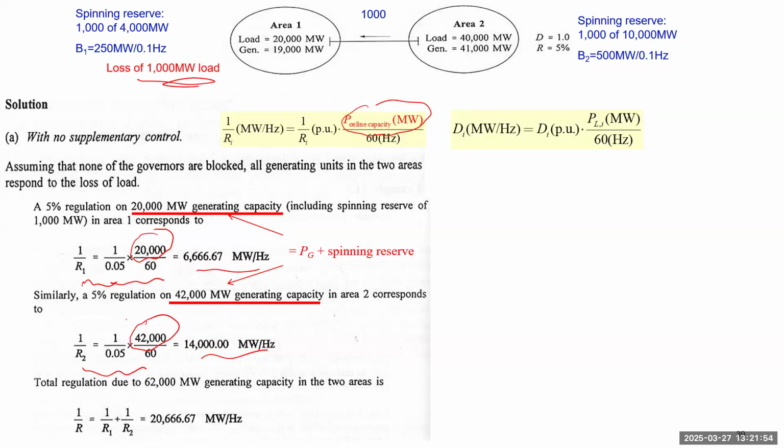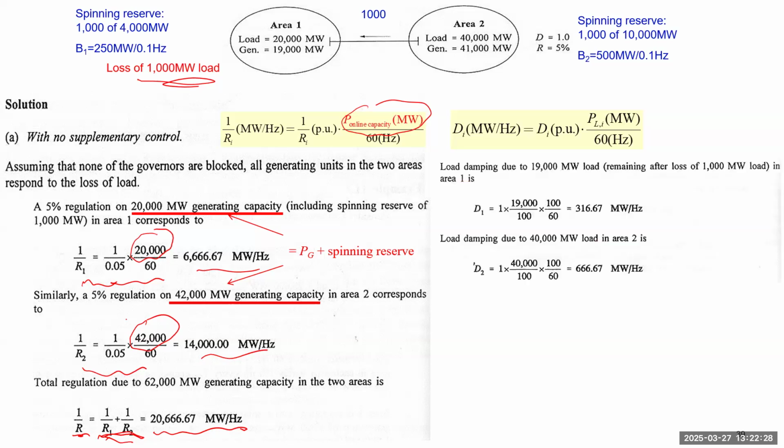Then we add the two together, we will get 1 over equivalent R. So this tells that if we connect two areas together, more than 20,000 megawatt load will cause 1 hertz frequency deviation. Because 1 hertz frequency deviation is a very huge value, usually we consider 0.1 hertz, or roughly speaking, about 2,000 megawatt power change will cause 0.1 hertz frequency deviation.